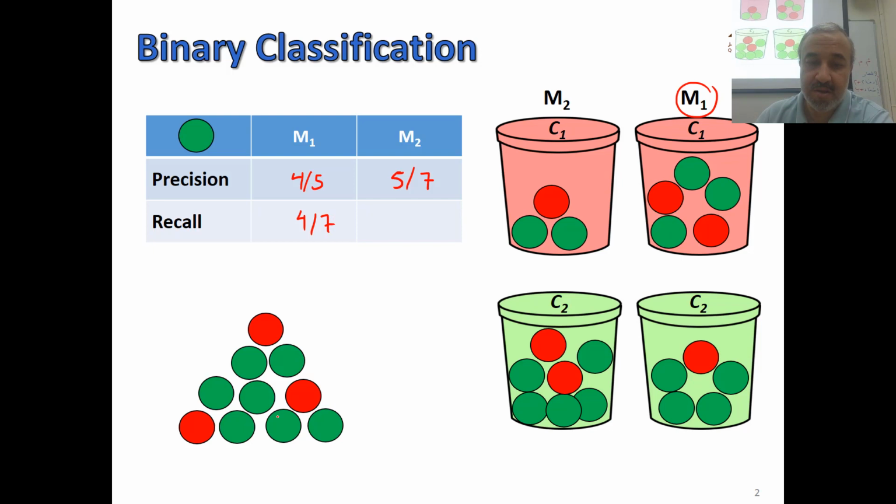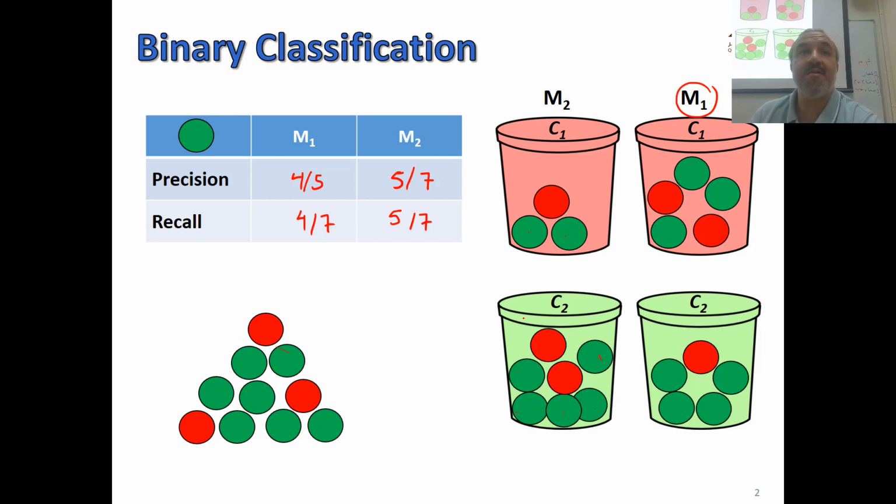Because we have 7 positive, right? 7 green. 4 of them were not 4, right? 1, 2, 3, 4, 5, right? Again, okay, the same. Okay, so that's 4. Yes. How about recall for M2? 5 over 7. Why is it 7? Because we have 1, 2, 3, 4, 5, 6, 7, and 5 of them were correctly predicted.